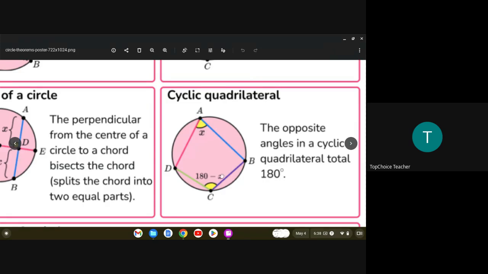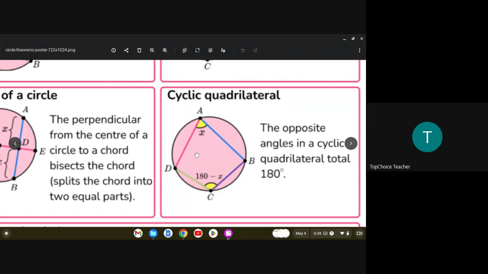So this angle in yellow, added to this angle down here in yellow, must add up to give what? 180 degrees.